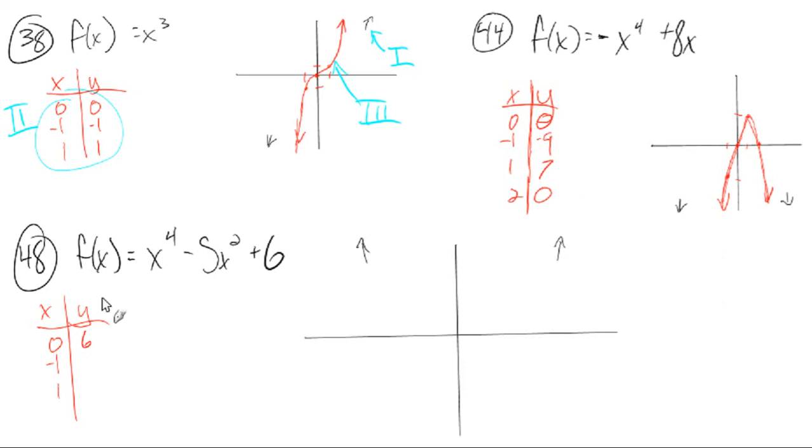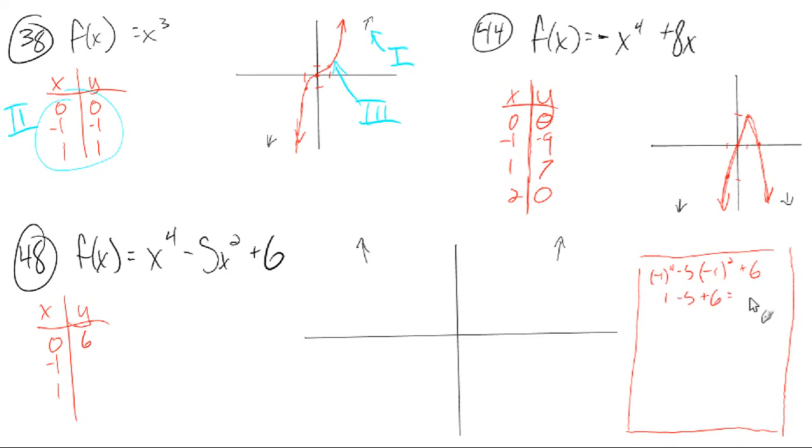Alright. Now we've got to put negative 1 in there, so let's do that over here. So negative 1 to the 4th minus 5 times negative 1 squared plus 6. That's going to be 1 minus 5 plus 6 equals 4.